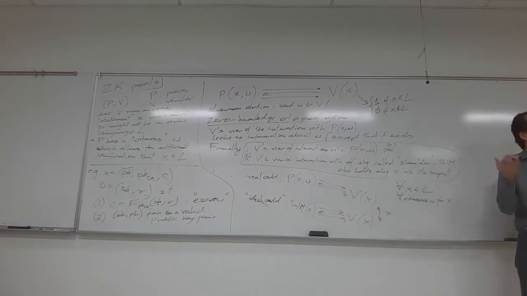So any efficient algorithm out there that is listening to proofs, that is verifying proofs, cannot learn anything from them except that the statement is in the language, because any generation of the proof is indistinguishable from a simulation of that proof.